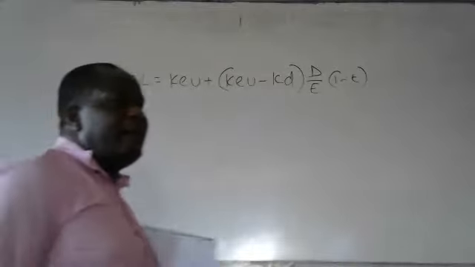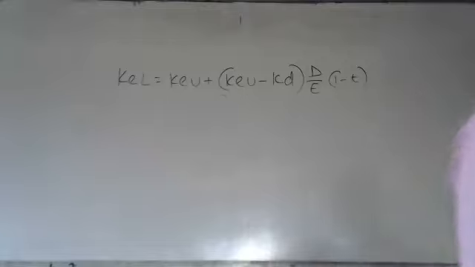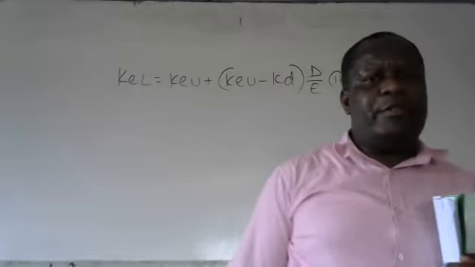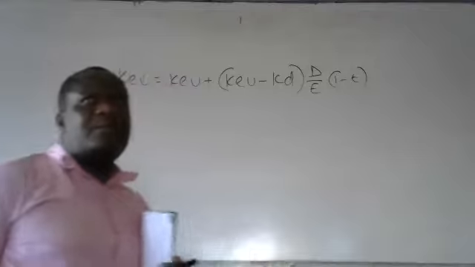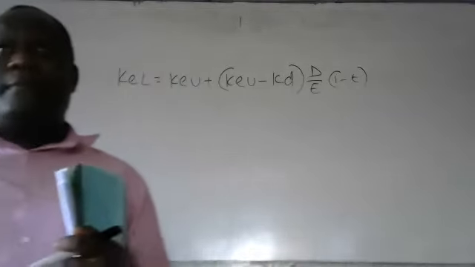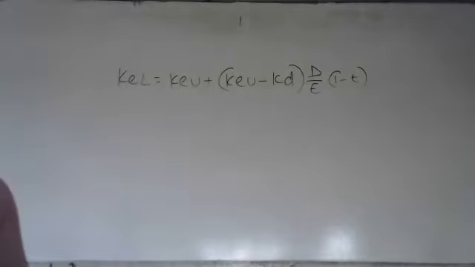That formula, we get it from the last diagram we drew under the net operating income theory. When you check the diagram we drew for the net operating income theory, I gave you those particular details.